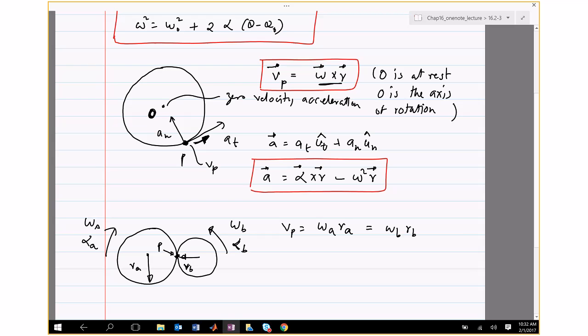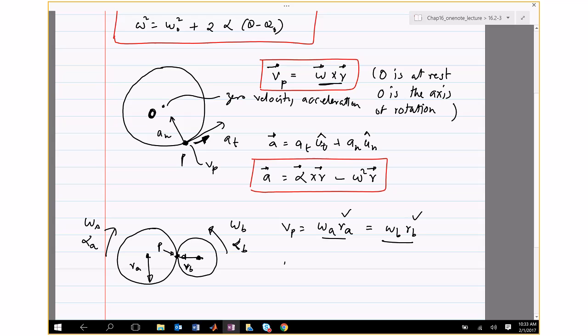Just like I can look at motion of P from the fixed axis over here, I can also find the equation for motion of P based on the fixed axis over here. So given RA and RB, I can find a relation between omega A and omega B, which means that I can find omega B if omega A is given, or vice versa.